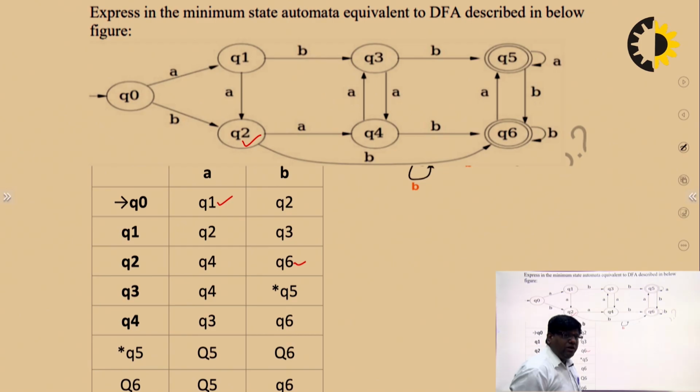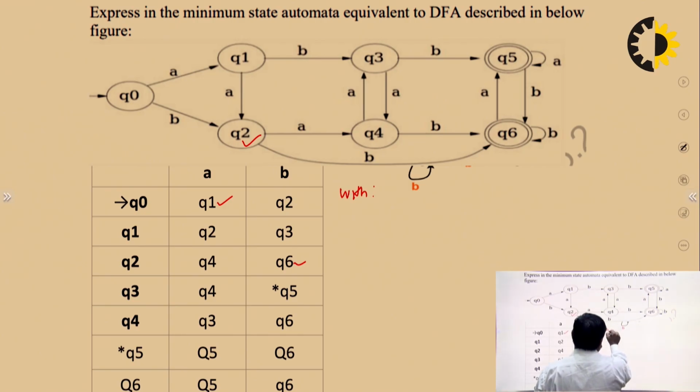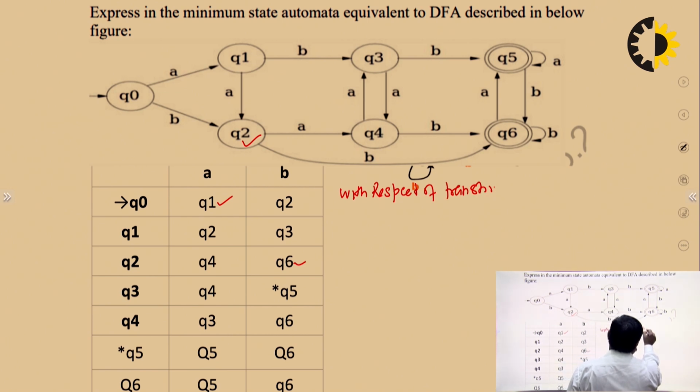Now, when we are going to minimize, we follow 3 steps. The basic concept of the minimization: similar types of states lie in the same group. What is the similar type? Similar with respect to the transition function.